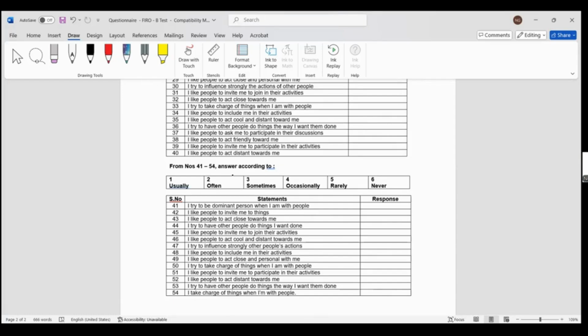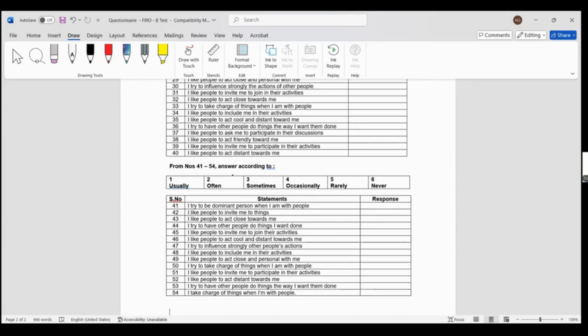If you see, some people are always very dominant, no? Some people are choosing when to be dominant, right? Some people are never dominant. Some people are very rarely dominant. So you have to speak not for some people, but for your own self. Okay? And fill that.